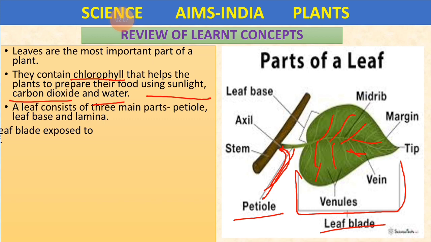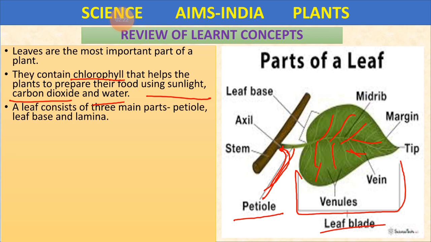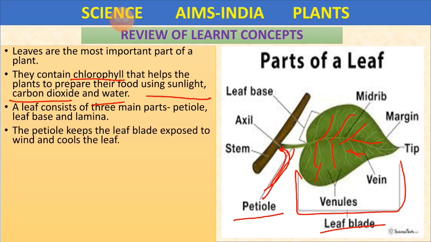Okay, so the petiole keeps the leaf blade exposed to wind and cools the leaf. What happens? What does this petiole do, children? It is going to keep the leaf blade exposed to sun. In the sense, this petiole makes this leaf blade get air, and it cools the leaf.